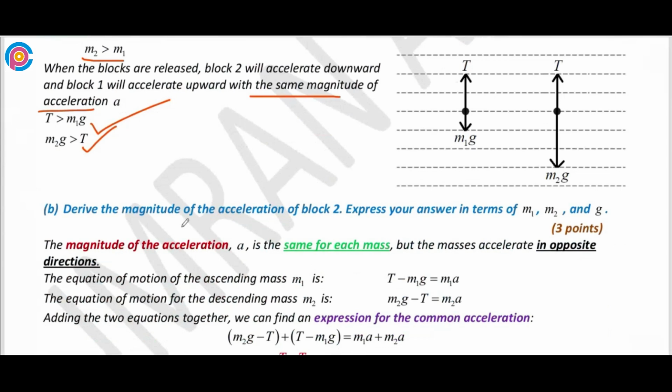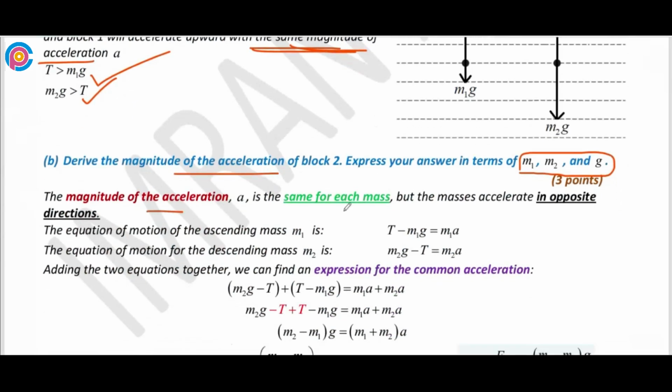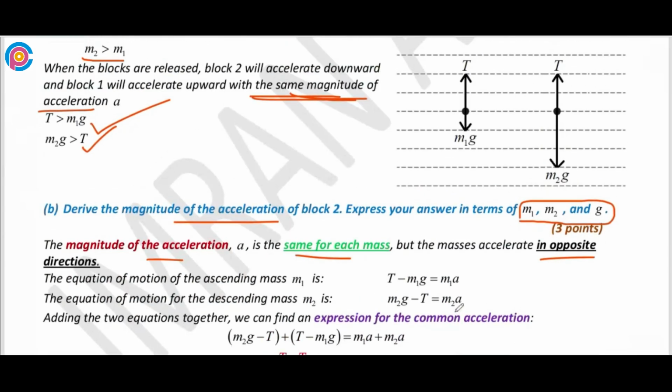Part B: derive the magnitude of acceleration of block 2. Express your answer in terms of M1, M2 and g. We considered in part A that both blocks move with the same magnitude of acceleration, but in opposite directions. Considering the equation of motion, the net force on block 1 is T minus M1G.